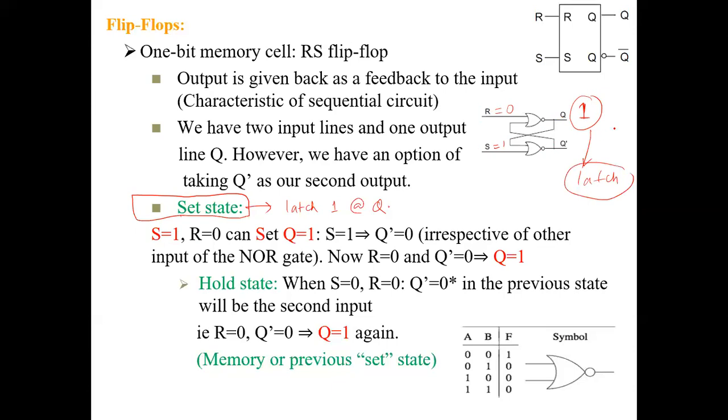Okay, so let's talk about how you set. First, let's talk about set, then we'll talk about latch, okay? Let's set this to 1, then latch it there forever. So R equals 0, S equals 1. Let's begin with S equals 1. You know why I begin with S equals 1? Because I have this gate. What kind of gate is this? A NOR gate, right? Do you remember the truth table of a NOR gate?